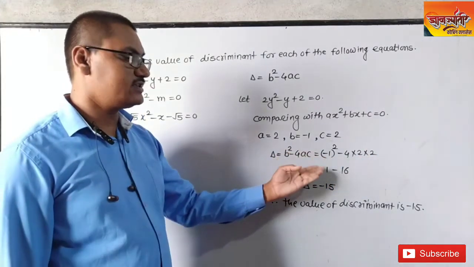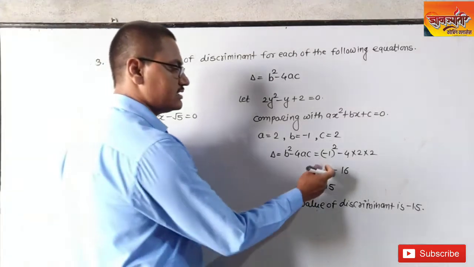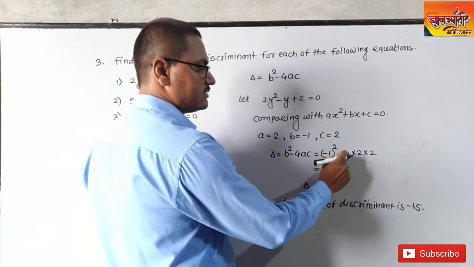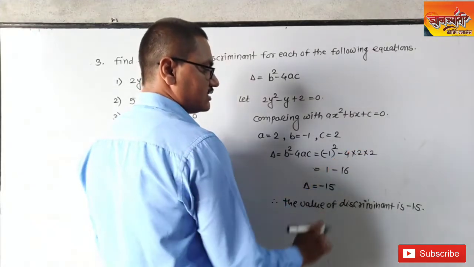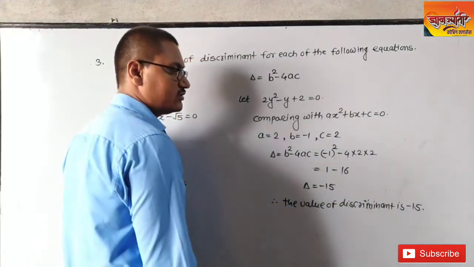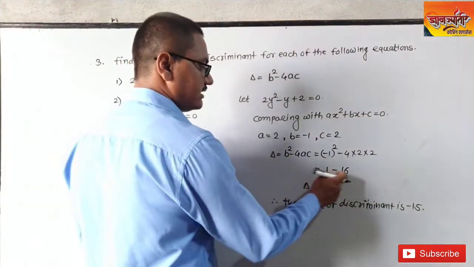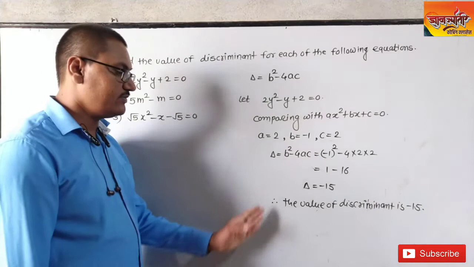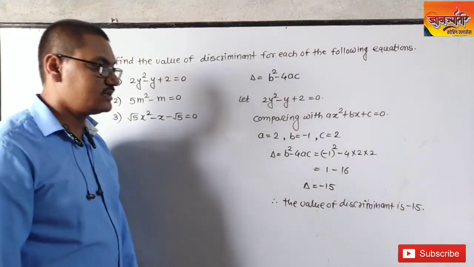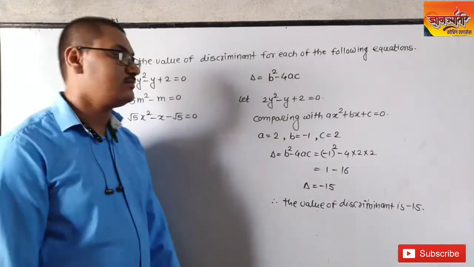Simplifying, 1 minus the multiplication 4 × 2 × 2, which is 16, and the difference 1 - 16 becomes -15. That means the value of the discriminant is -15.